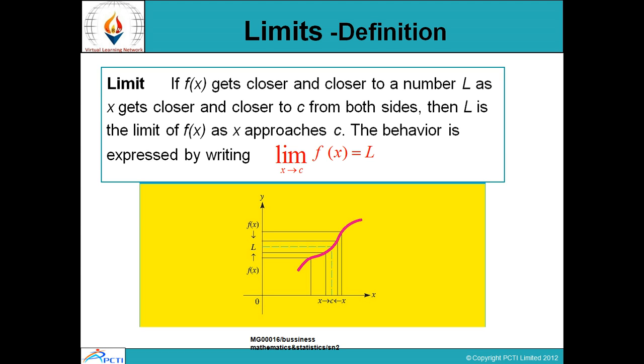Limits: if function of x gets closer and closer to a number L as x gets closer and closer to c from both sides, then L is the limit of function of x as x approaches c. The behavior is expressed by writing limit as x tends to c of f(x) equals L.